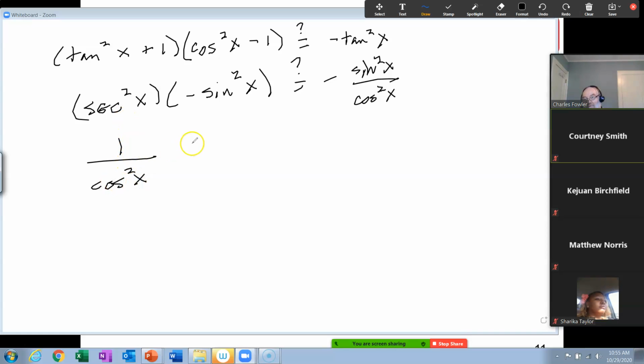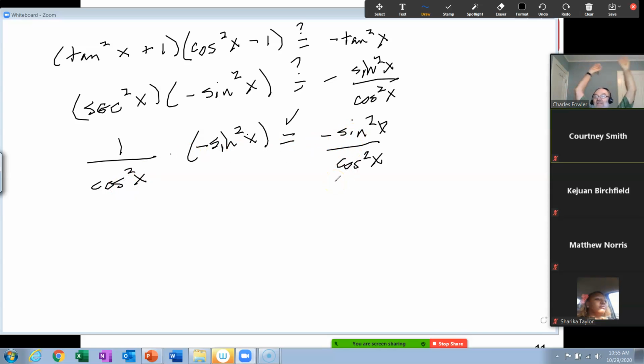Secant squared is 1 over cosine squared, times the negative of the sine squared x. And that is indeed equal to minus sine squared x over cosine squared x. My pen's not writing very well, because this is minus sine over cosine. This is minus sine over cosine.